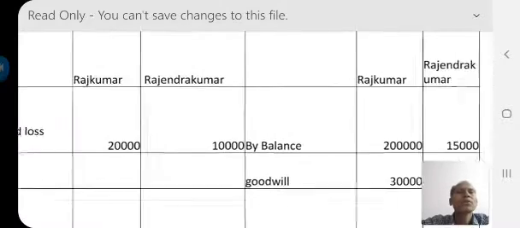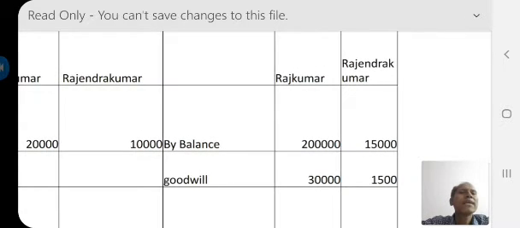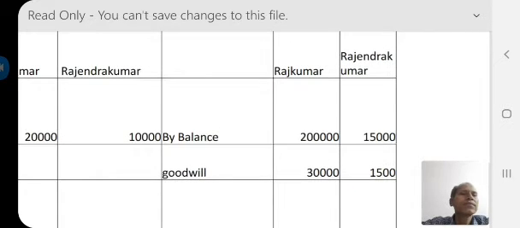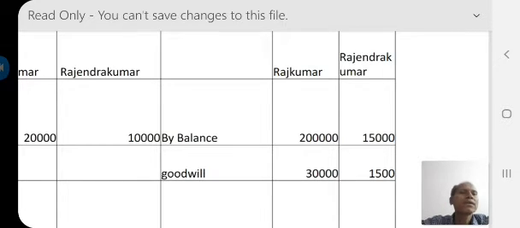Now these are the capital accounts. See, balance, these are the capital accounts of all partners. So by balance 2 lakhs, 1,50,000, it is given in the balance sheet. Goodwill, here 30,000, 15,000 must be here, it is a small mistake. Goodwill is equal to 30,000, 15,000, mistakenly 1,500 is written, but goodwill is 30,000, 15,000.